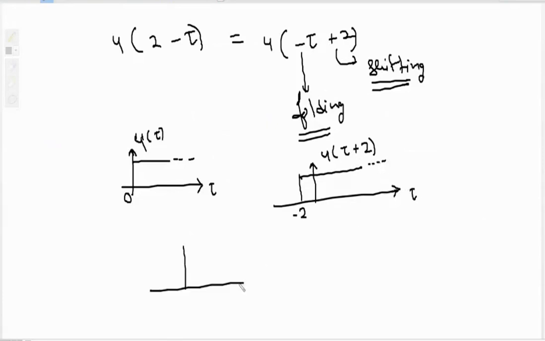So minus 2 will come to plus 2, and as it was going from minus 2 to infinity, now it will go from 2 to minus infinity. So this is the folding. So first shifting, then folding, and we got our answer u of minus tau plus 2, that means u of 2 minus tau. So this is the sketch of u of 2 minus tau.